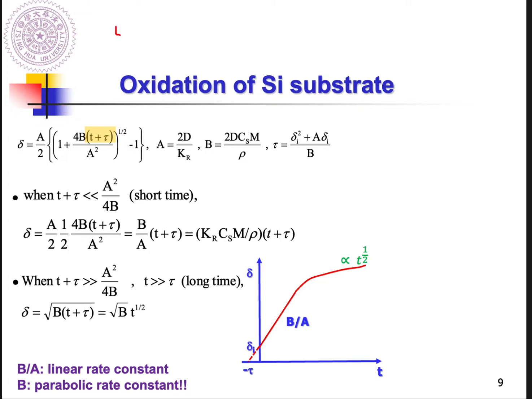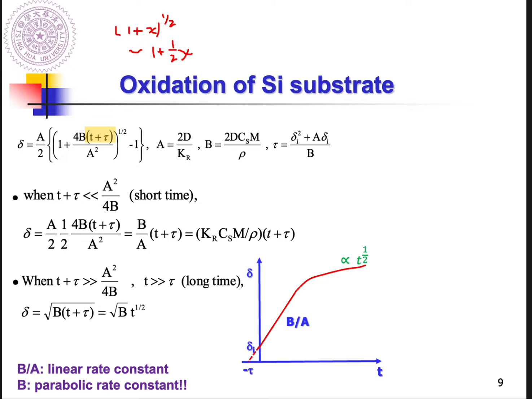If you have 1 plus x to the power of 1 over 2, and if x is very small, then you can use 1 plus 1 over 2 x, right?